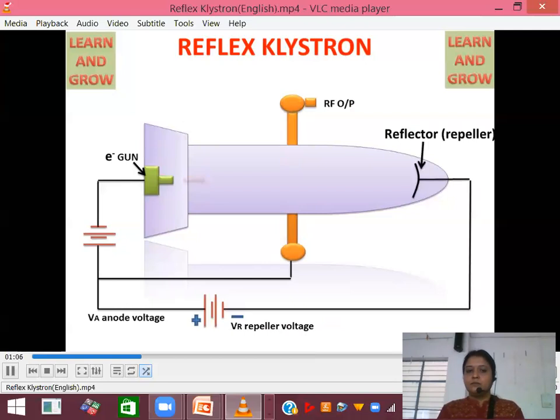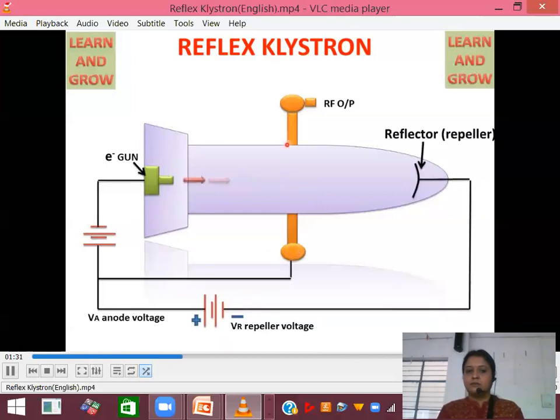The electron gun spreads electrons, and these electrons move toward the anode cavity, which we take as the anode. Electrons carry a negative charge, and the anode carries a positive charge. Two voltages are used, one is the repeller voltage, one is the anode voltage.